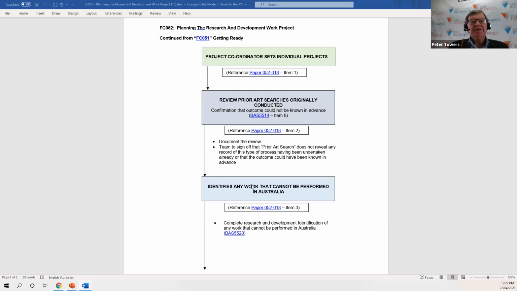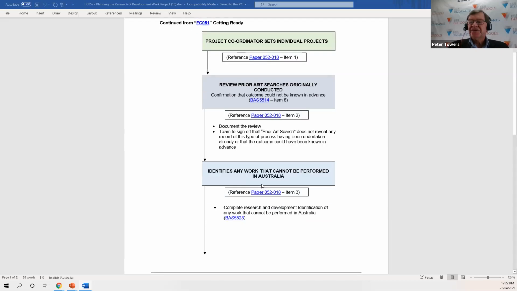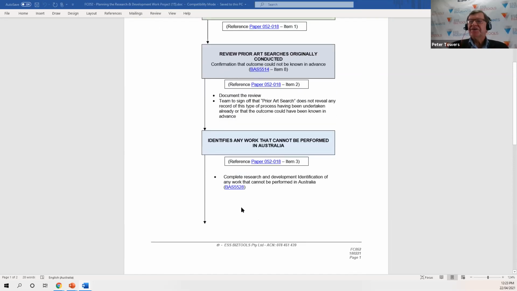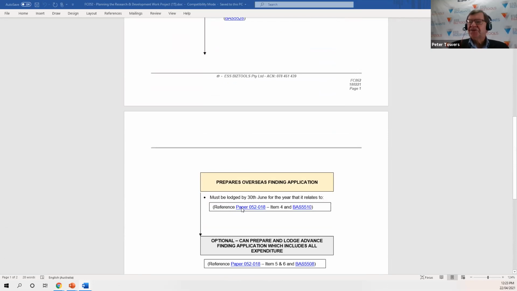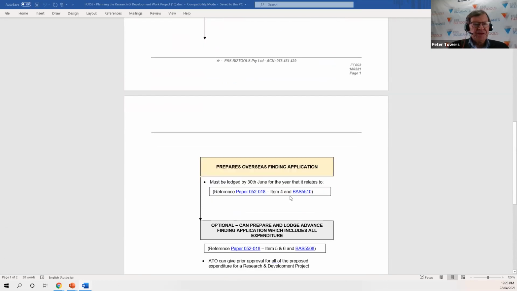And if the company believes that work cannot be done in Australia, there is a series of questions that have to be answered. And these are contained within the form 5528 so that they can be submitted to the tax office for adjudication through the overseas finding application.